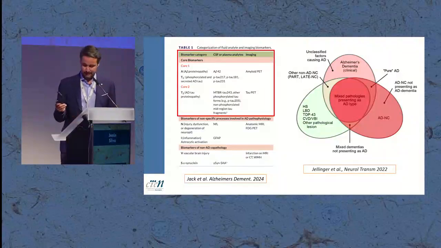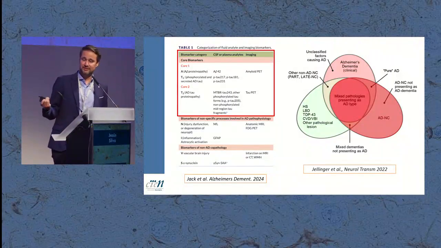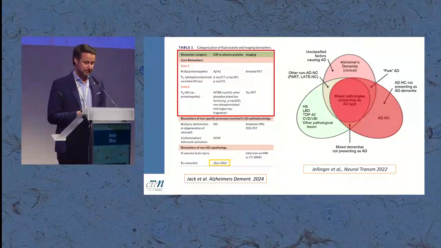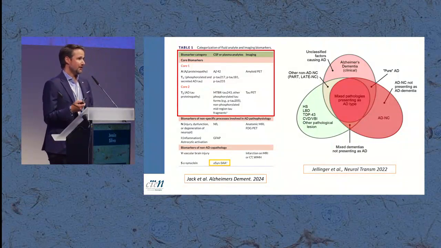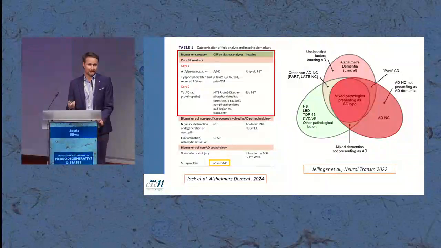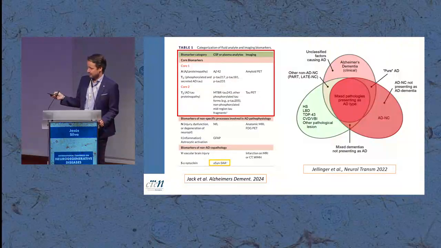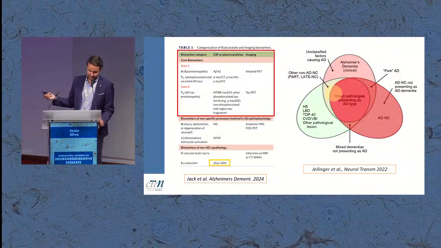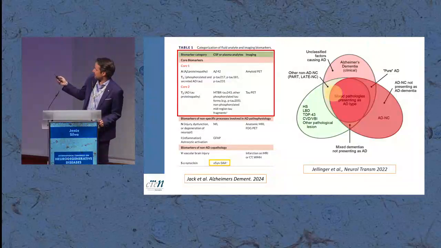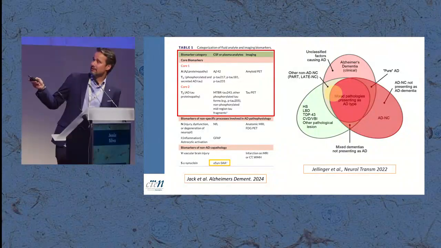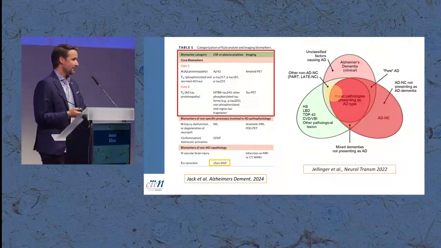And then more recently, we started to have some biomarkers that will give us information on complementary pathologies or co-pathologies. For example, we have alpha-synuclein amplification assays, and with this, we can get some information on some patients here. So some of them will be positive for this Lewy body biomarker and will not have AD, and some of them with mixed pathology will have both.